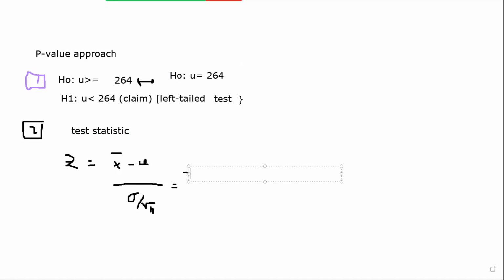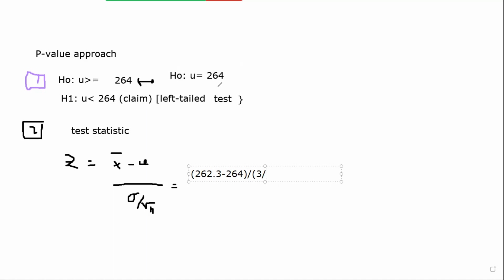This was 262.3 minus 264 divided by 3 over the square root of 20, okay?